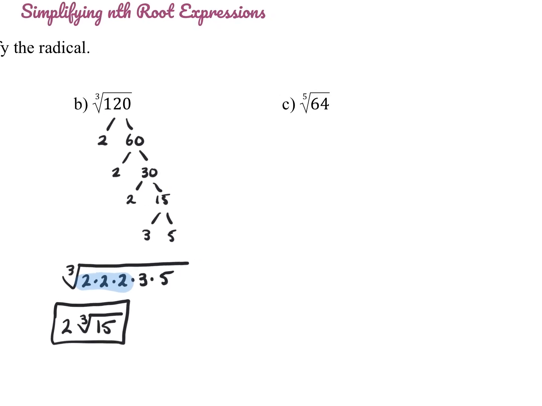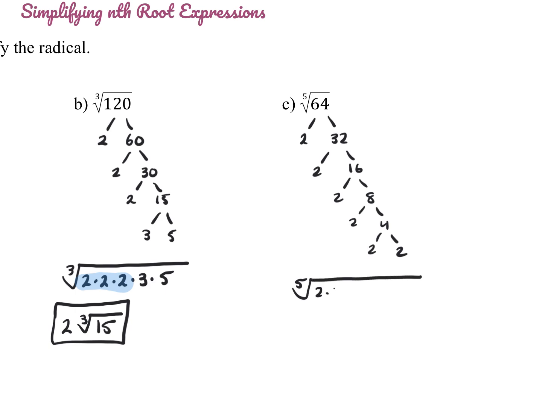All right, and then for this last one, let's do our factors again. So we have 2 times 32, 2 times 16, 2 times 8, 2 times 4, and 2 times 2. So we have 2 to the power of 6. So we have 6 powers of 2.